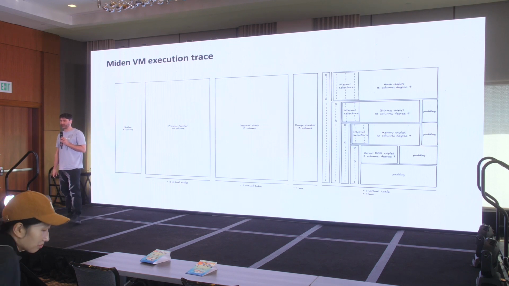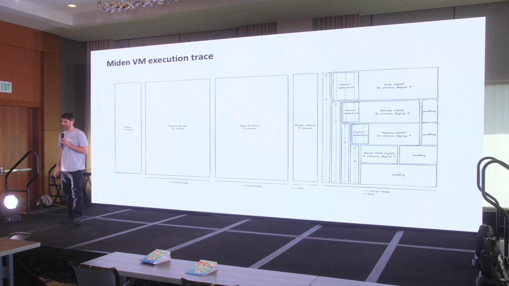I don't know how deep you're into this, but whenever you have STARKs, then you have an execution trace, and this could be actually interesting. This is how the VM works. Basically, there's a huge matrix being built. This is how it looks when a program is being executed: it's just a huge table, and every row in the table is one state of the VM.